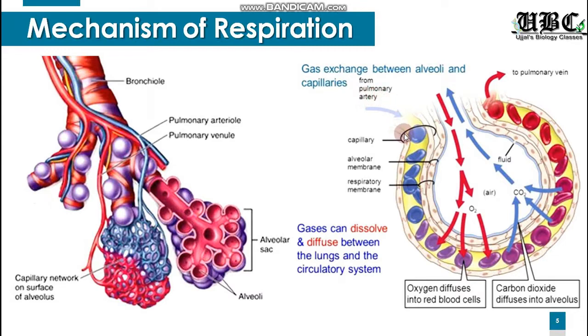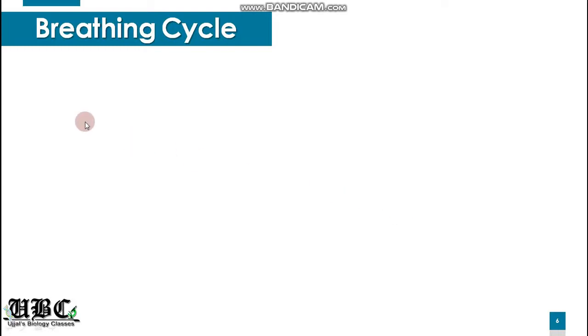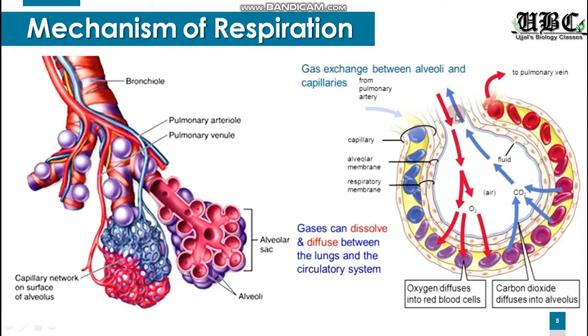Now, the pulmonary artery from the heart brings the deoxygenated, or carbon dioxide rich, blood into the lungs. Now see here, the concentration of carbon dioxide is much higher over here, and there is very limited oxygen.